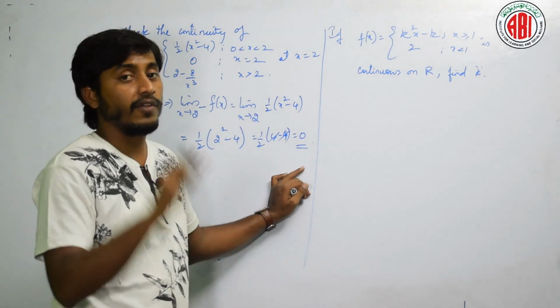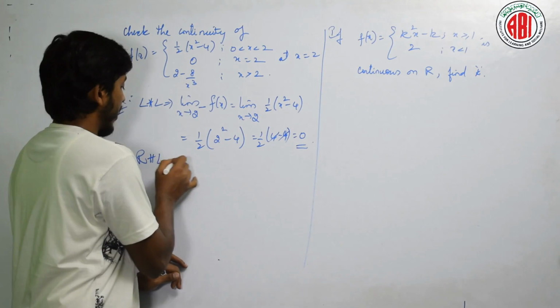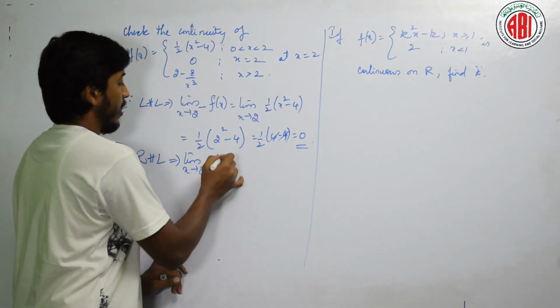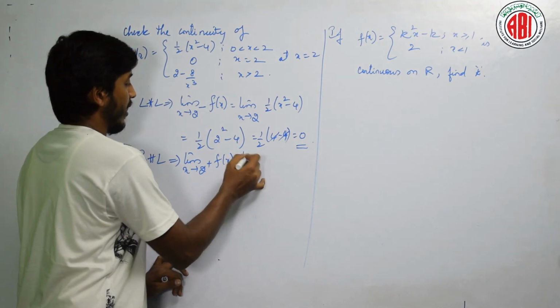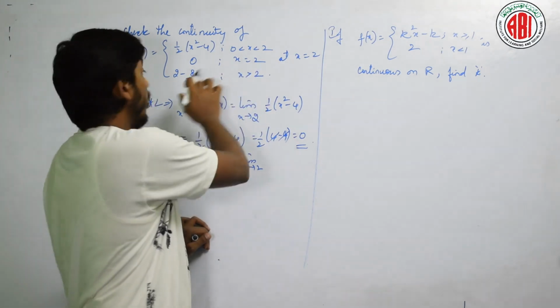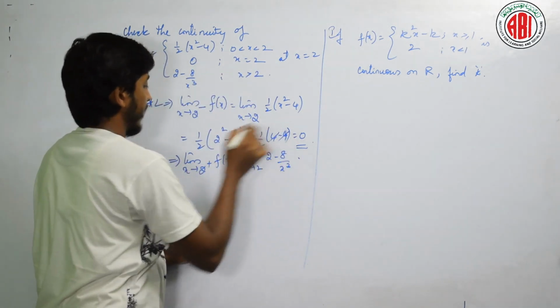The next is I have to find RHL, that is right hand limit, limit x tends to 2 positive f of x. What is f of x for x greater than 2? 2 minus 8 by x cube.